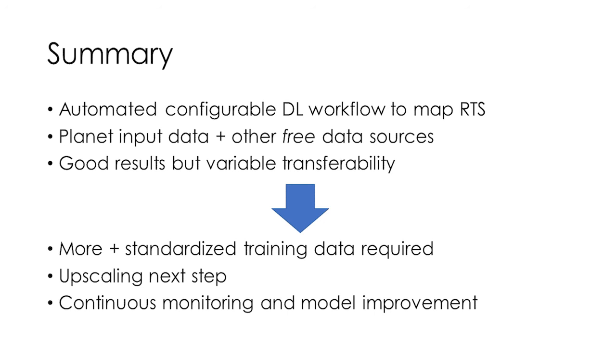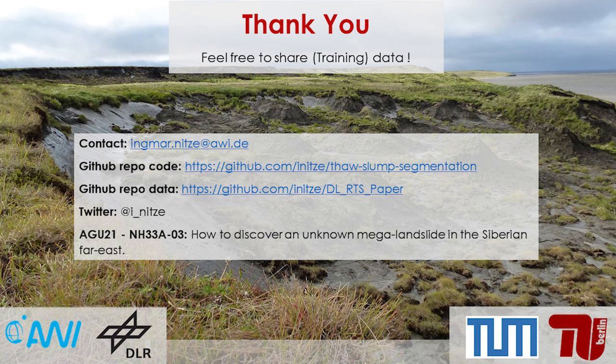And to overcome this, we need more standardized training data. There are a lot of efforts in the community to really create these data sets. We already started the upscaling, and we need continuous monitoring and model improvement in different iterations, especially in the upscaling. And finally, I want to thank you for listening.